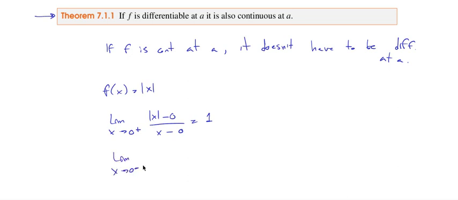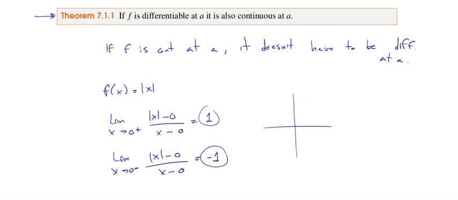If you compute it from the left, when x is negative, the absolute value is minus x, so the limit of this is minus x divided by x, which is minus 1. This is not equal, so that means that the limit doesn't exist. This means that at this point the function is not differentiable.